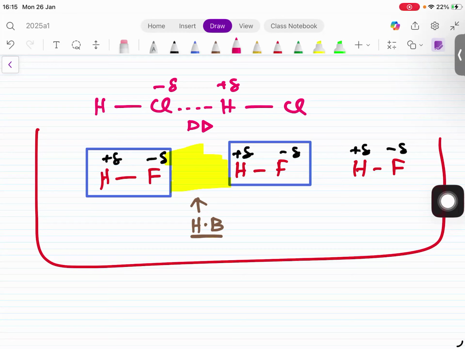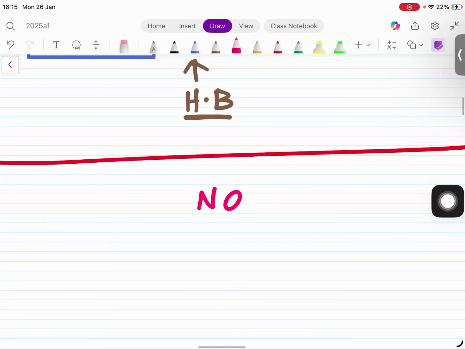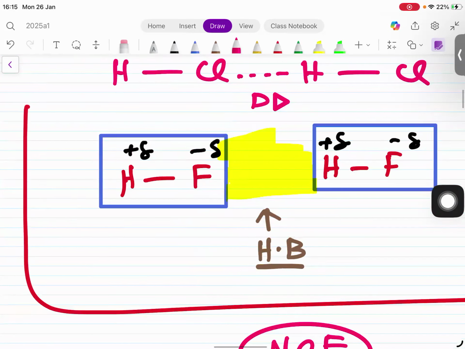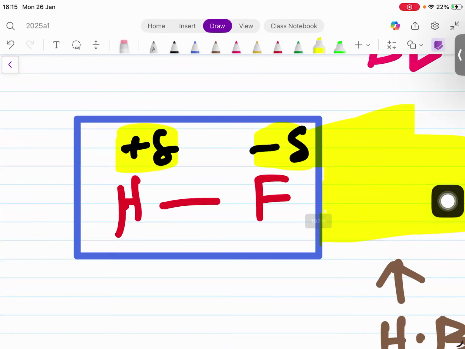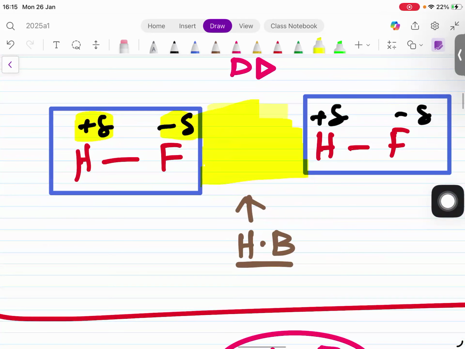So precisely, when the hydrogen is covalently bonded with three elements, nitrogen, oxygen, and fluorine, FON, then the partial positive and partial negative charges become significantly high. So they are going to attract each other with a much stronger force than DD or PD. This force is known as a hydrogen bond.